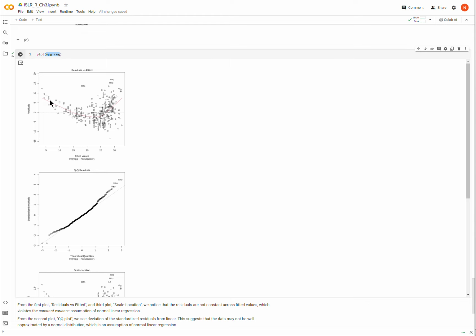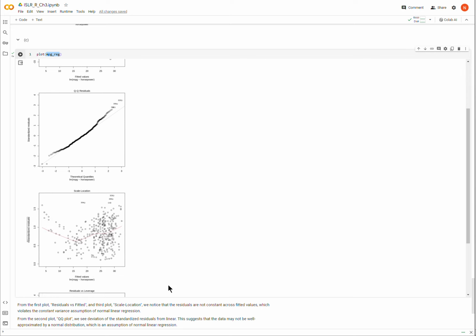But we see that as we go further along the x-axis, there seems to be more spread, and the residuals themselves seem to follow some kind of nonlinear pattern. This suggests that we are violating at least one or two of the assumptions of normal linear regression.